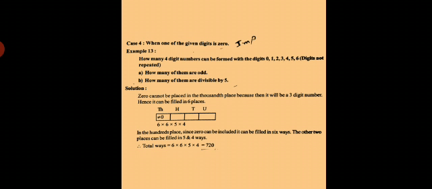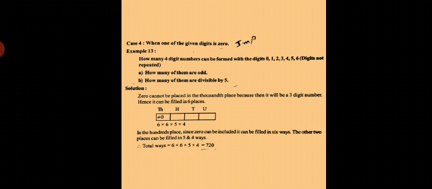Now the last digit. How many odd numbers do we have here? 1, 3, 5. In the thousands place, since it is not 0, it can be filled in 6 different ways.